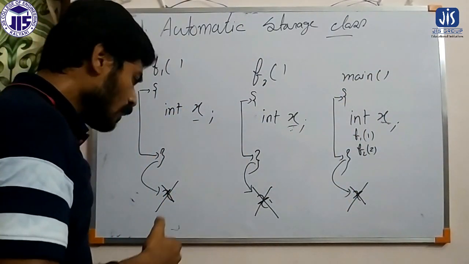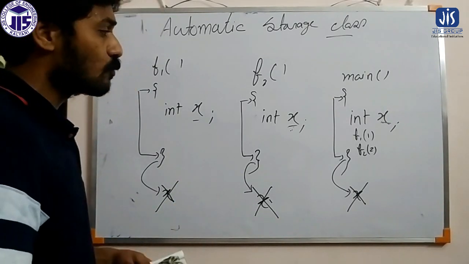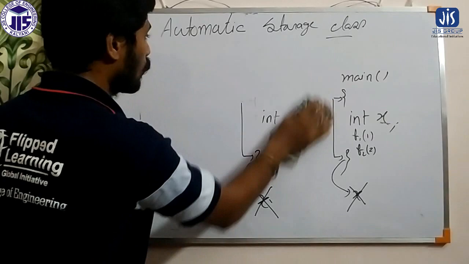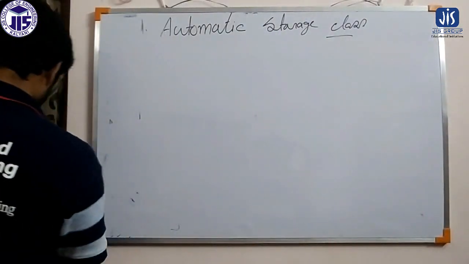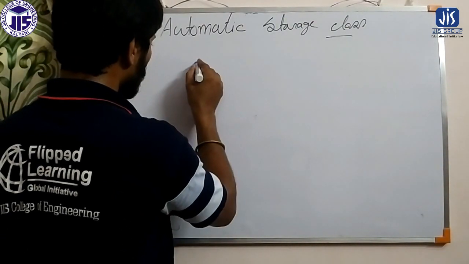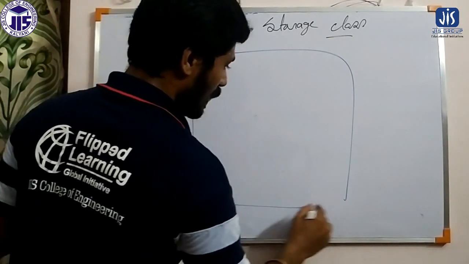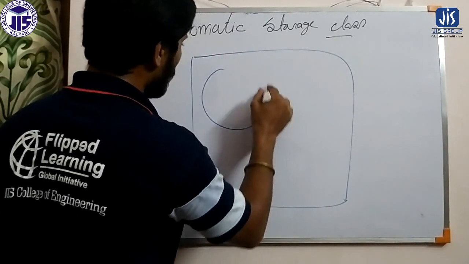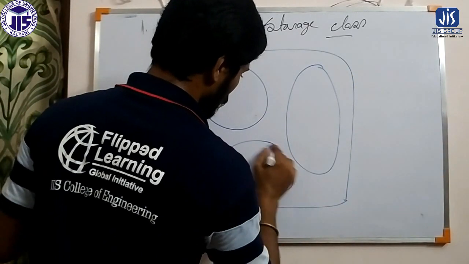We can compare it with local transportation. What is local transportation? If this is an area, this is a sub area, this is another sub area, and this is another sub area.